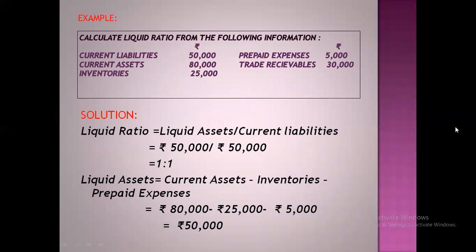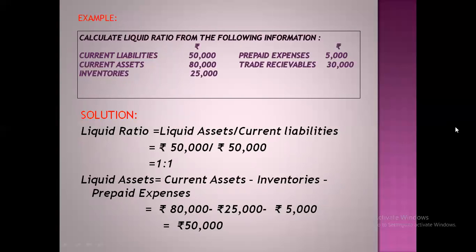Now, we'll try to understand with the help of an example. In the question, current liability is 50,000, current asset 80,000, inventory is 25,000, prepaid expense 5,000, and trade receivable 30,000. Now, student, what is the difference between the current asset and the liquid asset? Current assets are those assets which can be converted into a known amount of cash and cash equivalents within 12 months.